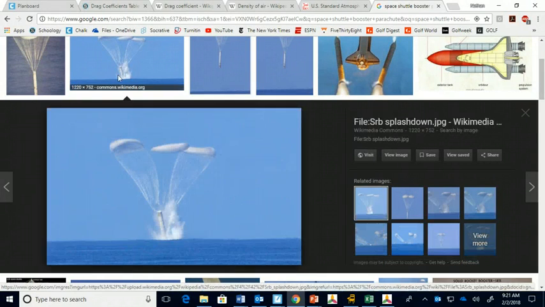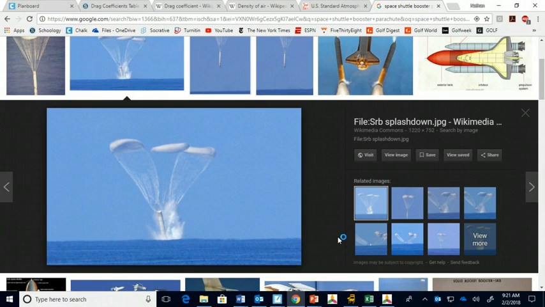These landed in the ocean, as this shows very nicely. Because they could recover them, they could reuse these. That was the whole big thing about the space shuttle. It wasn't just you launch it once and it's done. That's what SpaceX is doing, right? They actually land rockets on a platform, which I think is fairly cool, to be able to control that.